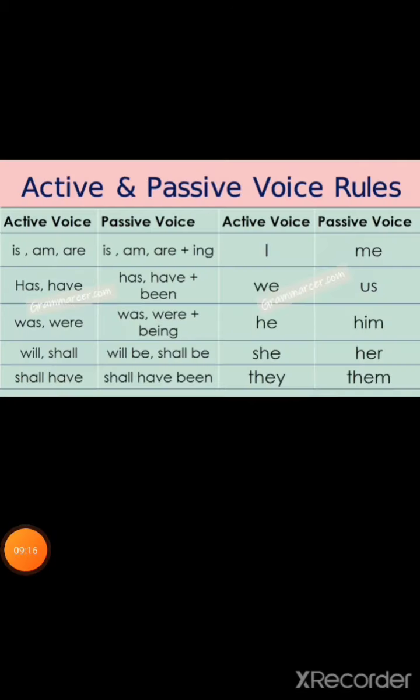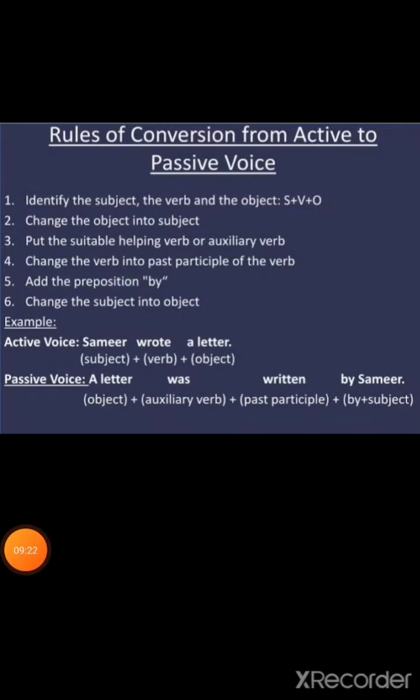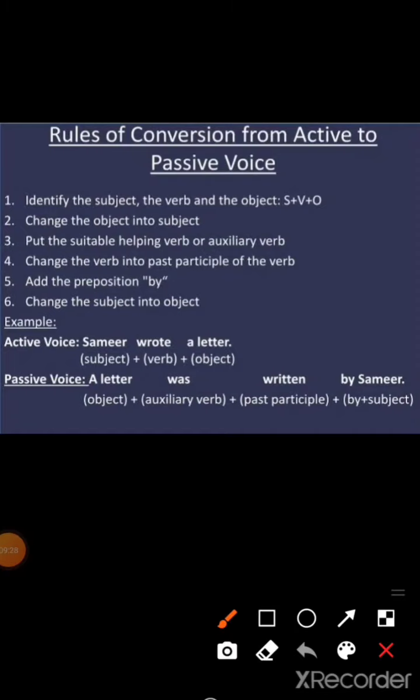Okay. So let me remind you again what we have learned. At first, you have to identify the subject, the verb, and the object. Then you have to change the subject into object and the object into subject. After that, you need to understand the auxiliary. Where is the auxiliary verb?